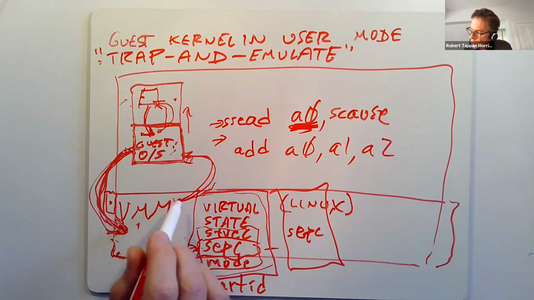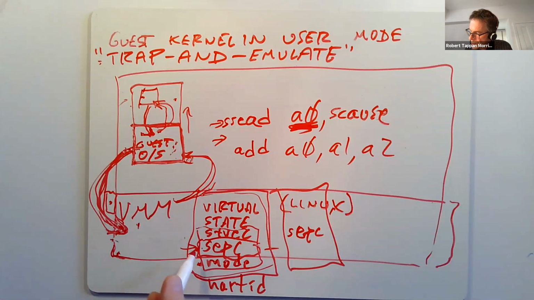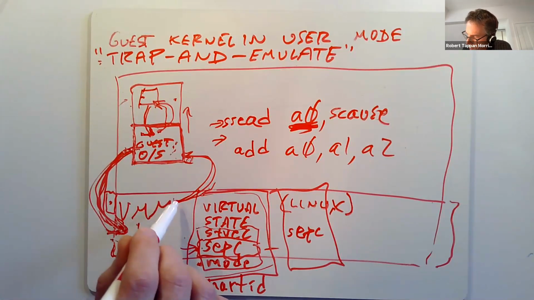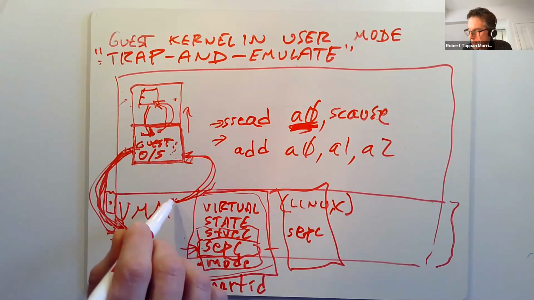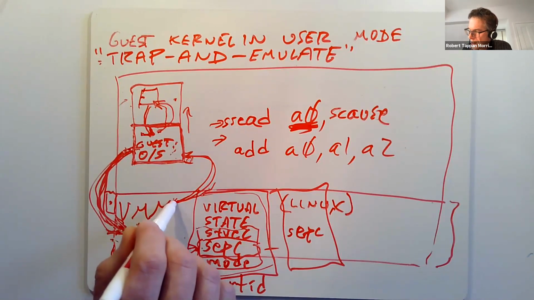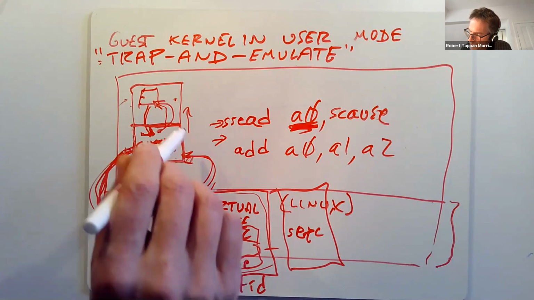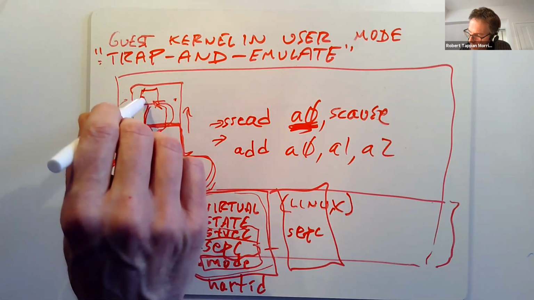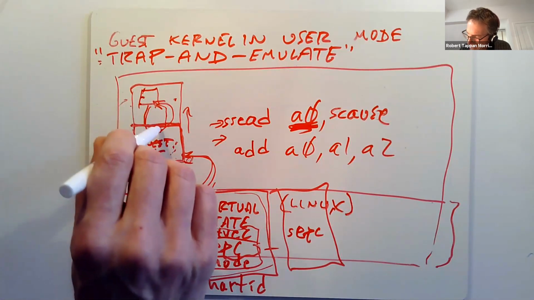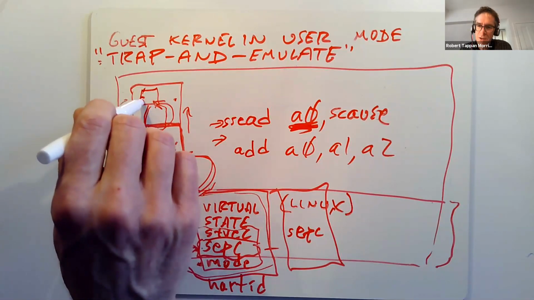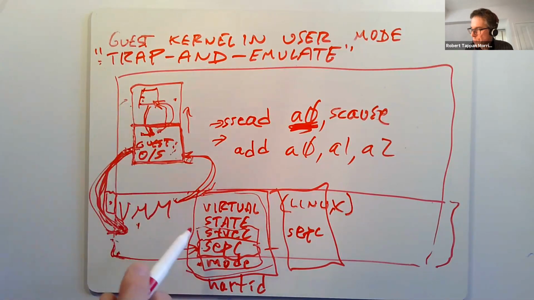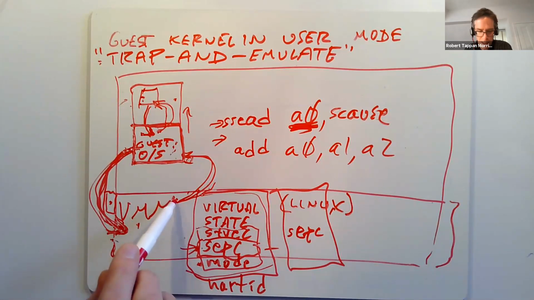Just before it returns from the trap, the virtual machine monitor sets the real SEPC to the virtual SEPC, in order that when the virtual machine monitor returns using its own SRET, the program counter value it returns to is the program counter that the guest operating system wanted to return to. So here's a case where very briefly, the real SEPC was set equal to the virtual SEPC.